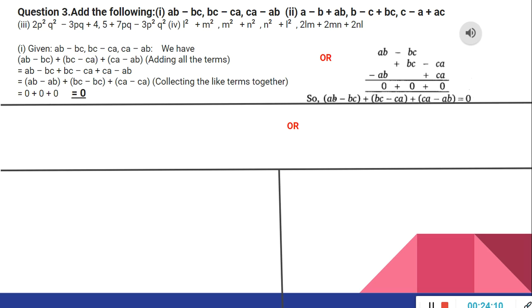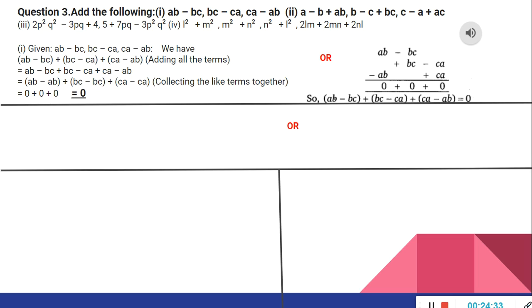So arrange it as in the column method, then you have to put the numbers accordingly under the variable, means like terms. Under AB you have to put only like terms, that is AB itself. Like BC, under it only BC will come.